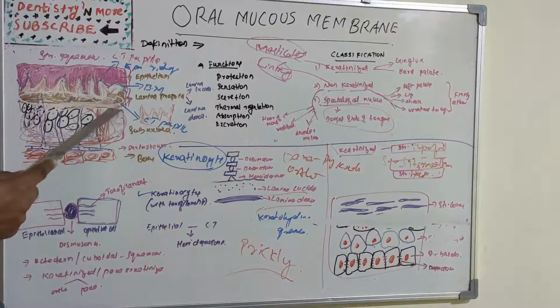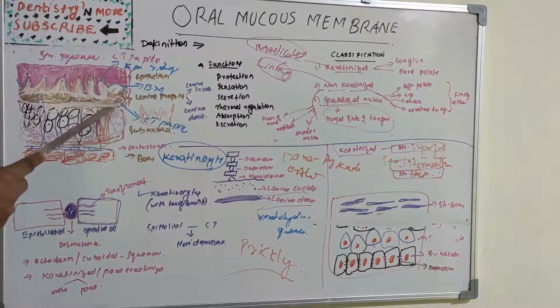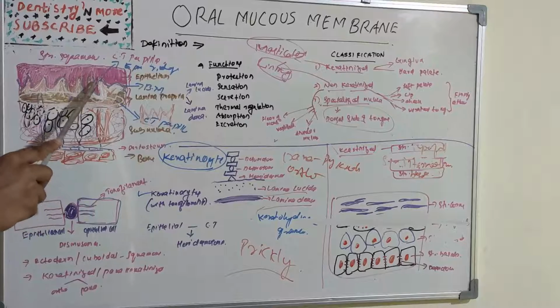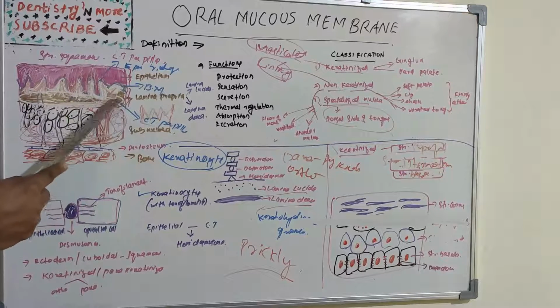Then lamina densa is coming here. It is a layer which is closely associated with the reticular layer. So lamina lucida is towards the epithelial ridges or connective tissue papillae, and lamina densa is below that.